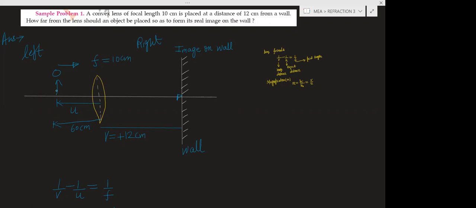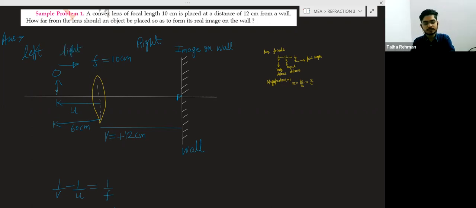Sir, in every question, do we need to draw this? If you can do without the diagram, then you can, but the chances of mistake will increase by 50%.